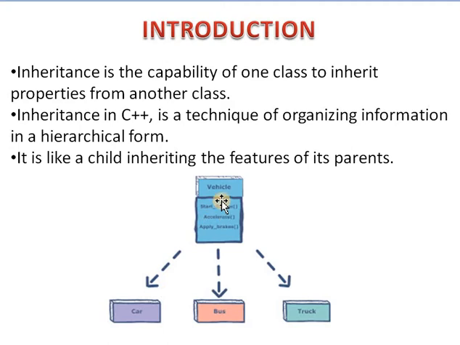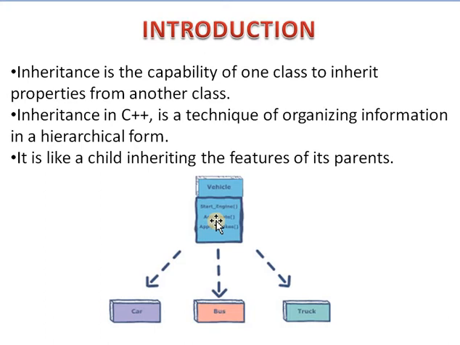Here in this figure, vehicle is a parent class and car, bus, truck are the subclasses or child classes, which copy the basic attributes and basic functions of the parent class. The child class inherits the properties of the parent class.